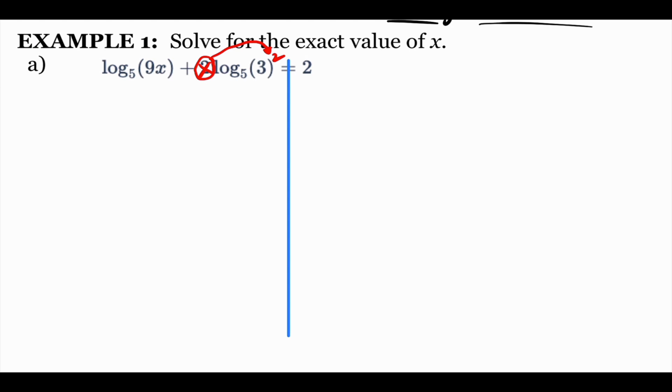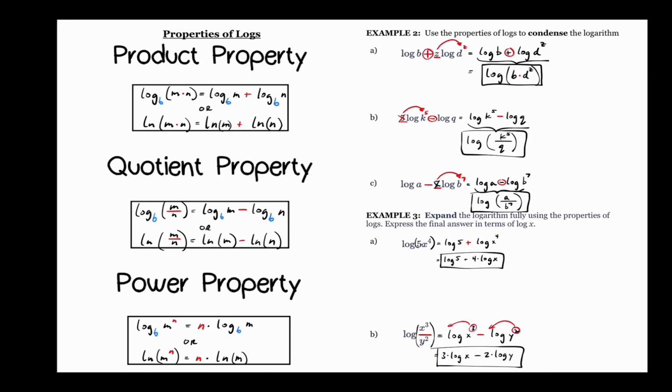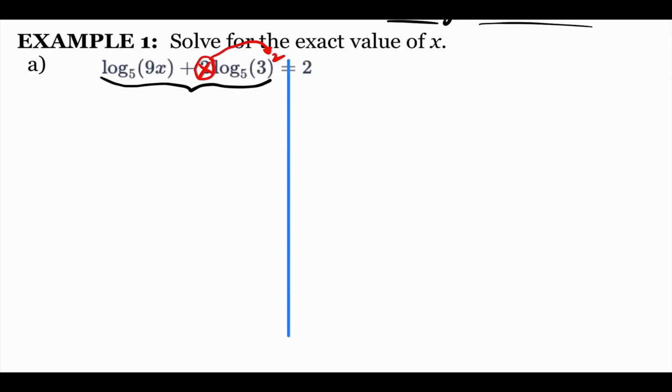Now, I see that in between the two logs, I have an addition. Addition means I'm going to use the product property. So if I'm condensing, I go from addition to multiplication. Whatever is in the parentheses, I'm going to multiply.